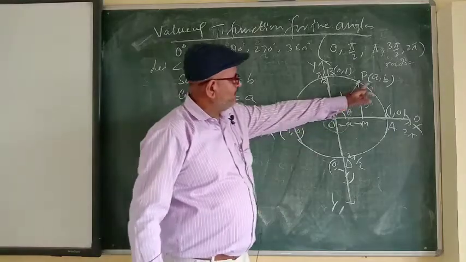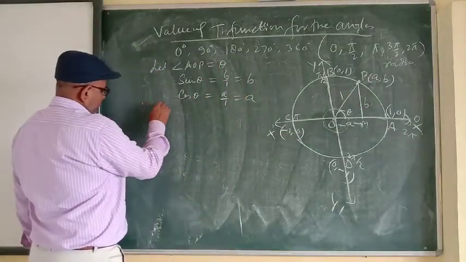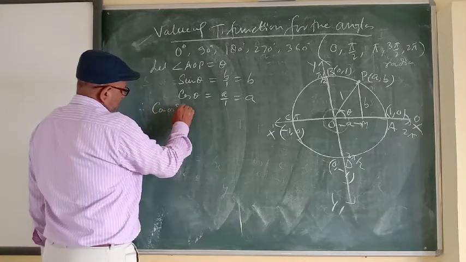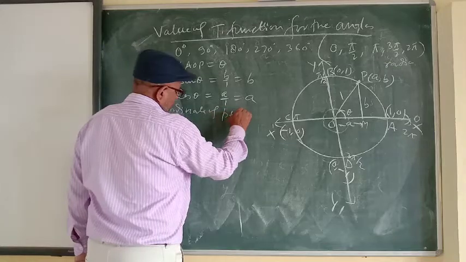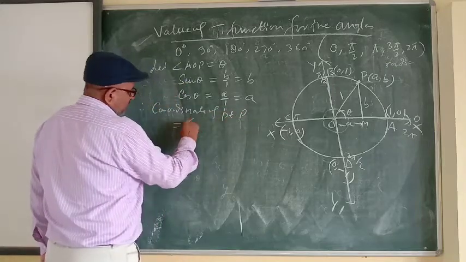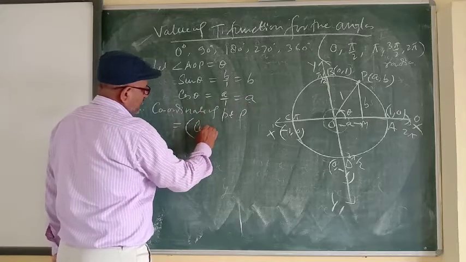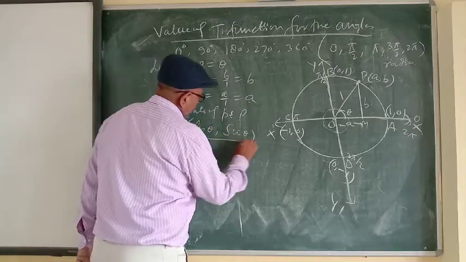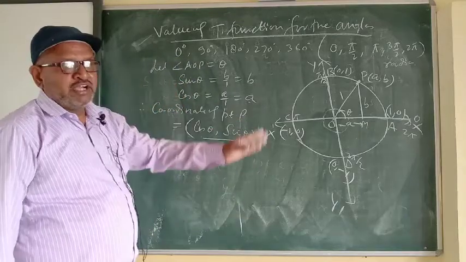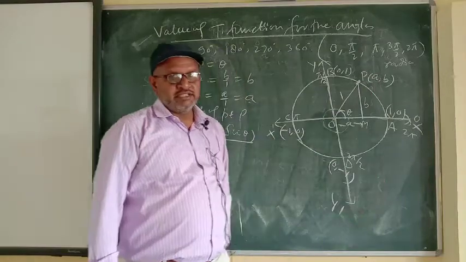And what is (a, b)? (a, b) is the coordinate of point P. So the coordinate of point P is (cos theta, sin theta).